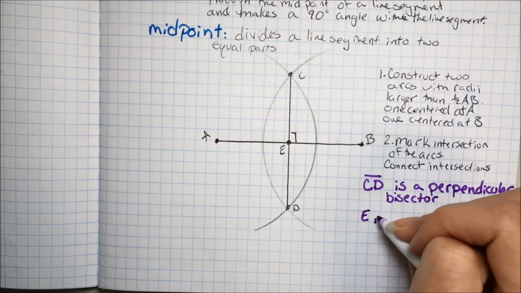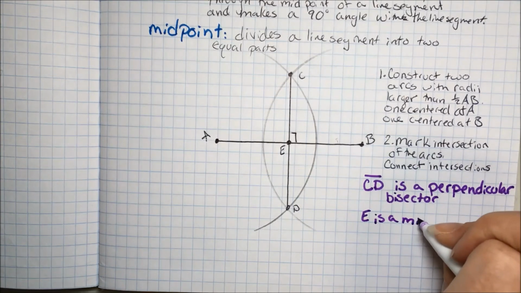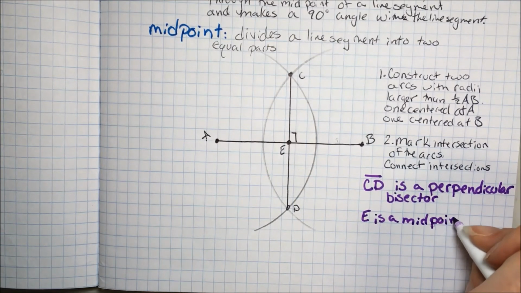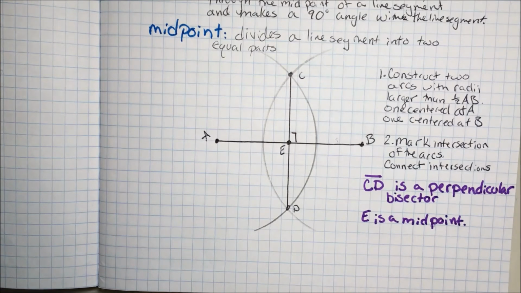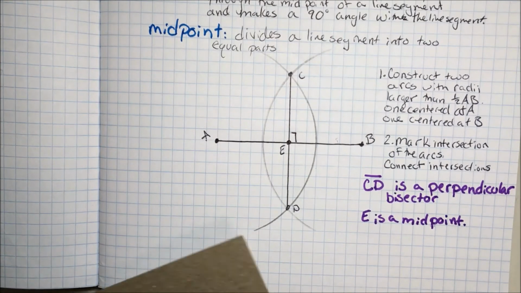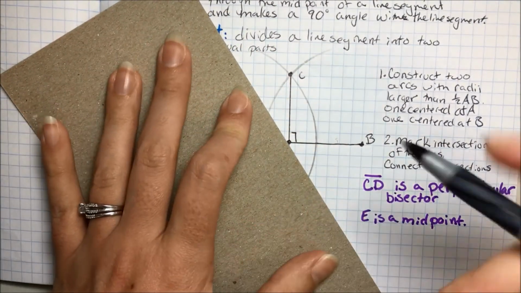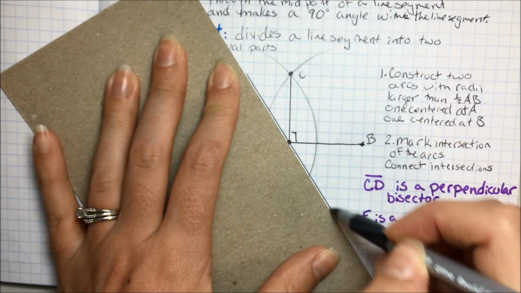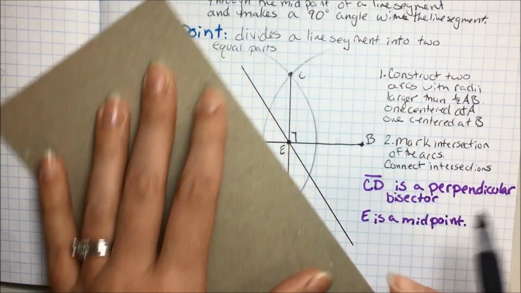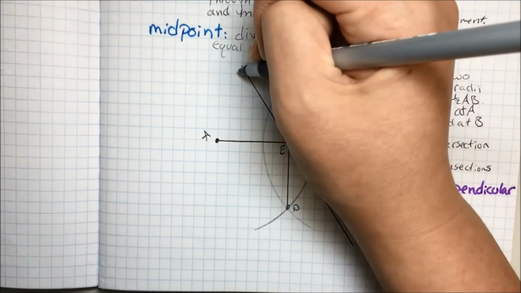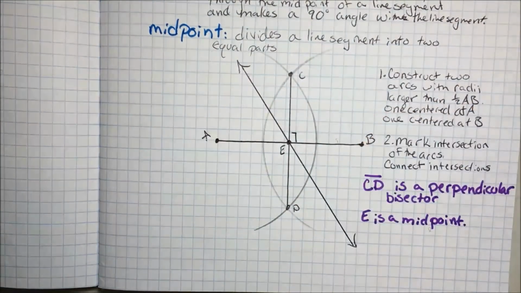E is a midpoint. And I'm going to make just a regular bisector. A regular bisector is any line that passes through the midpoint here. So I'm just going to make any line that passes through the midpoint, and I'm going to make this an actual line.